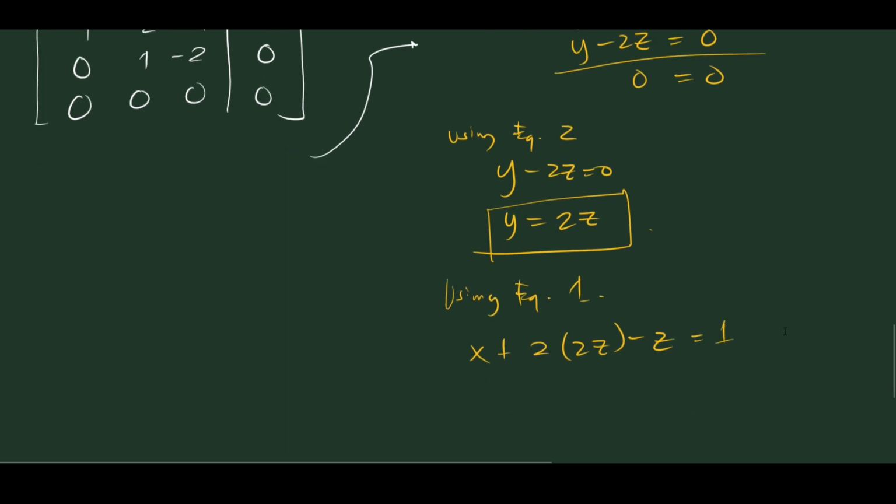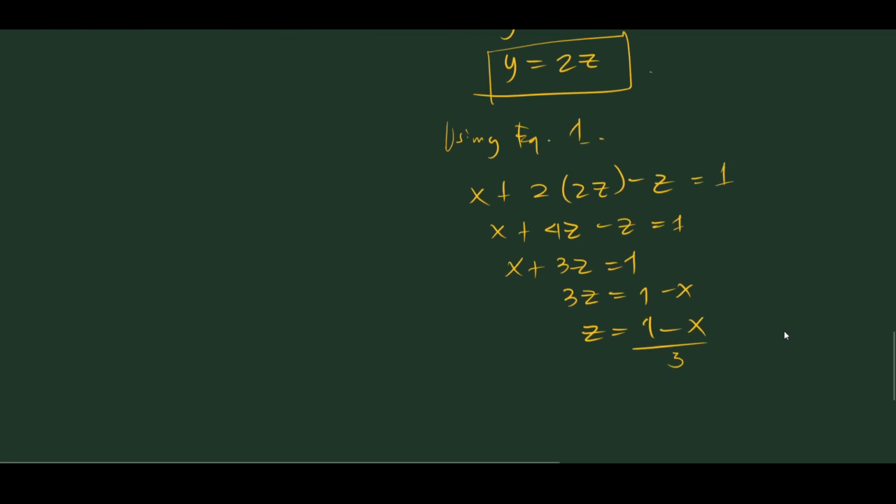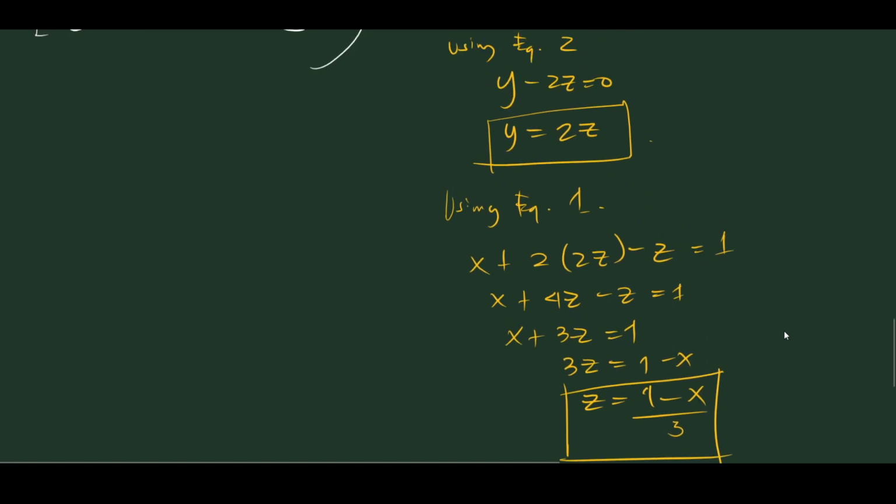Okay, so we can express z in terms of x here. So let's do that. x plus 4z minus z is equal to 1. So this should be x plus 3z is equal to 1. So 3z is equal to 1 minus x, and then z is equal to 1 minus x all over 3. Okay, so now we expressed z in terms of x.